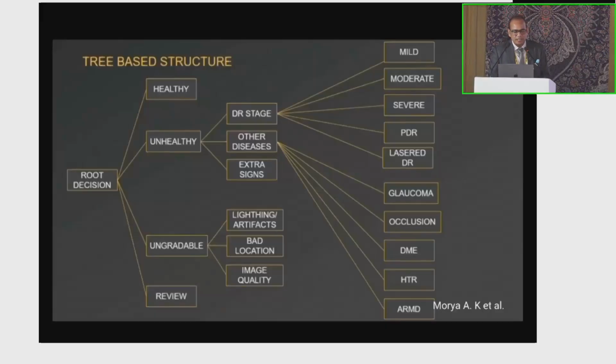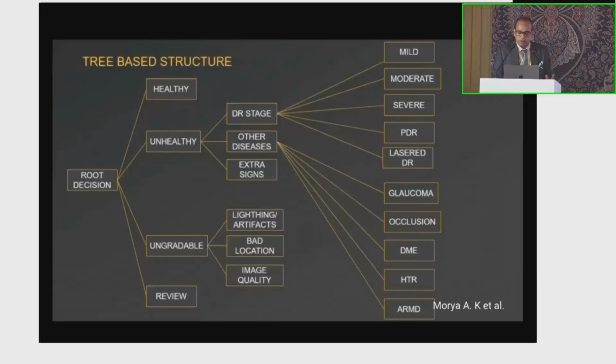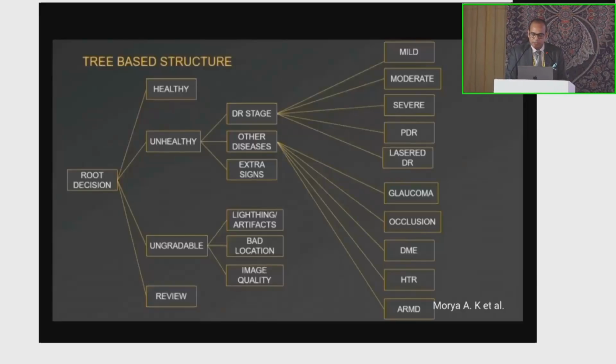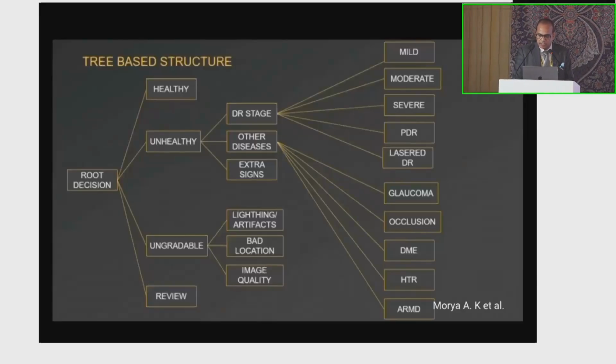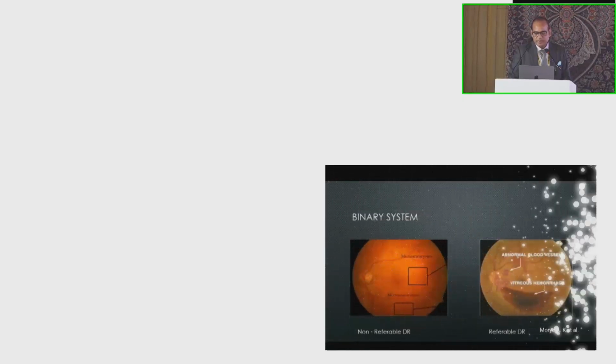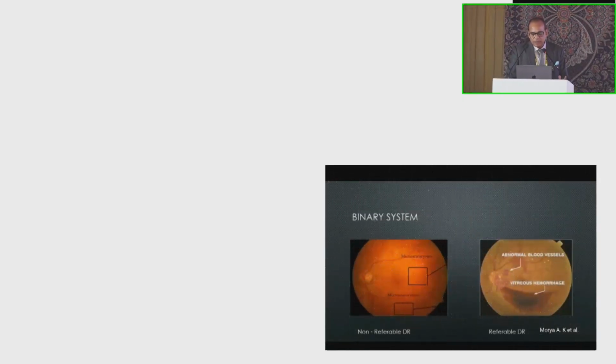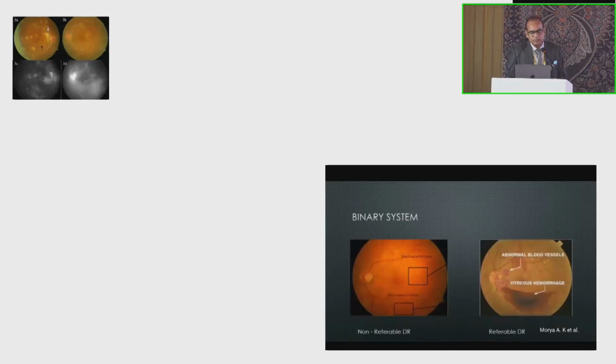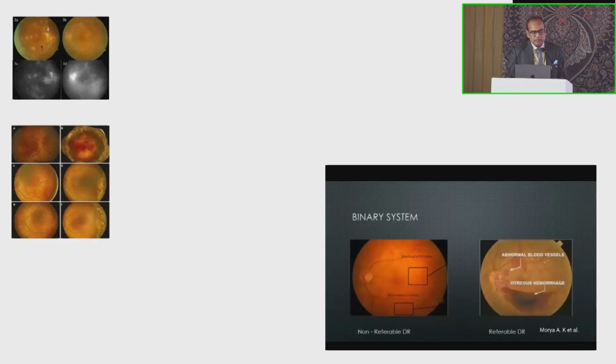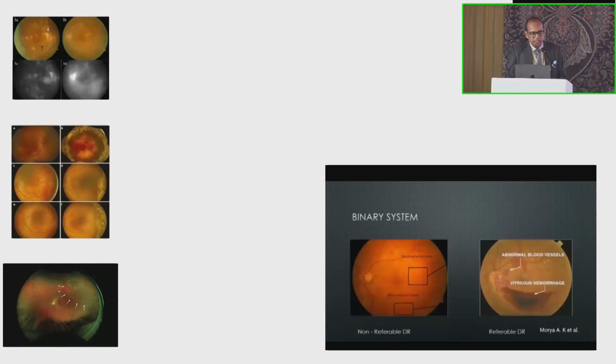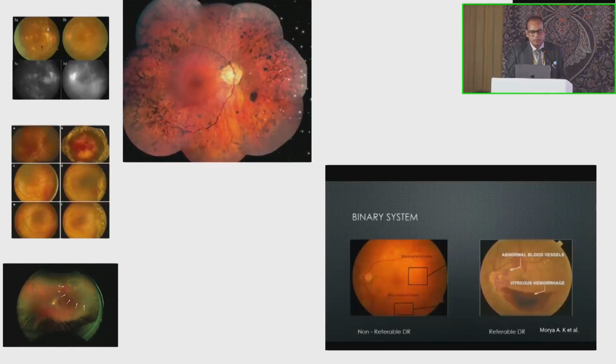Whether the retina is healthy or unhealthy, it also tells the DR stage, and if there are extra signs in laser DR, glaucoma, occlusion, DME, hypertensive retinopathy, or ARMD also. It has a binary system of whether a patient requires a referral or is non-referable. And it is for multiple retinal disorders, also glaucoma.